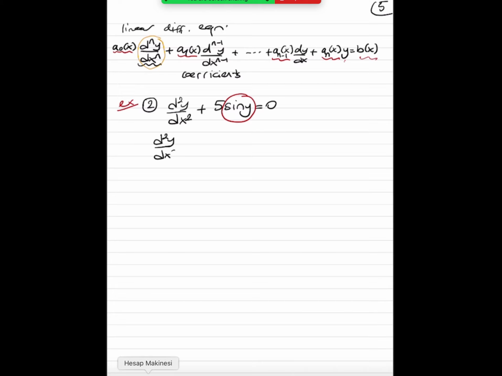Even if we write it like this, sine y, you see b(x) here, we don't have anything. A single y, this doesn't count as a single y, right? This is sine y, a trigonometric function. We cannot separate y from it.